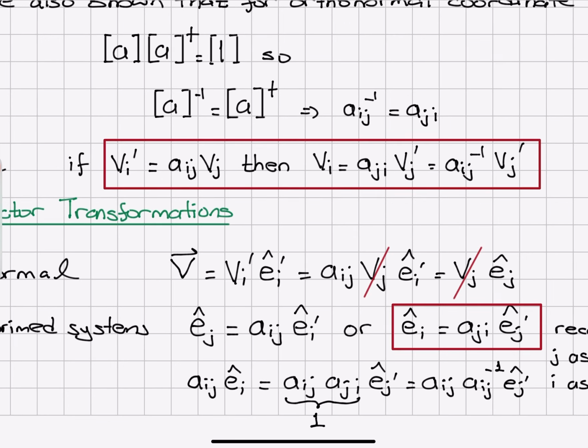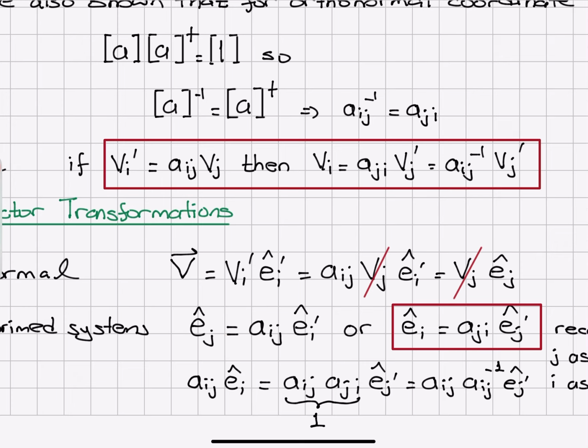We have written our vector v representation using the primed coordinate system v_i' e_i' hat, where v_i' are related to v_j's by a_ij v_j, and it's also written as v_j e_j hat. So v_j's cancel. I find that e_j hat is a_ij e_i' hat.